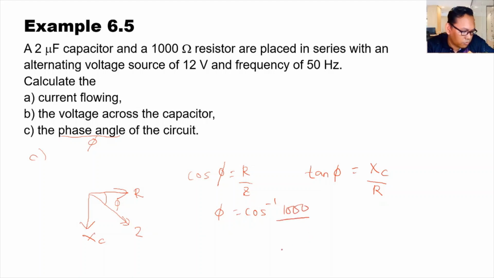The impedance we just got, 1879.64, and we get the answer 57.86 degree. Also, we can change into unit radian. It becomes 1.01 radian.